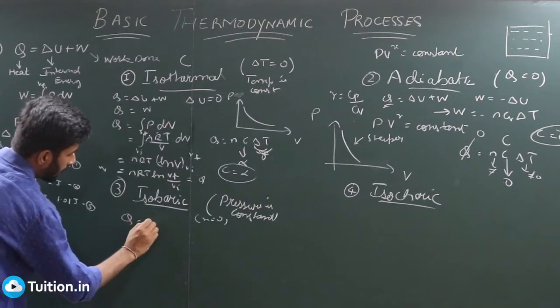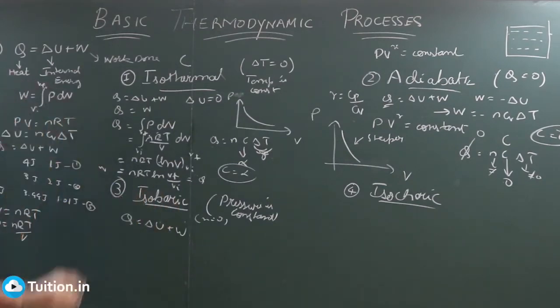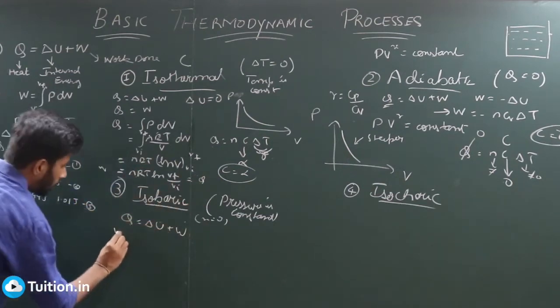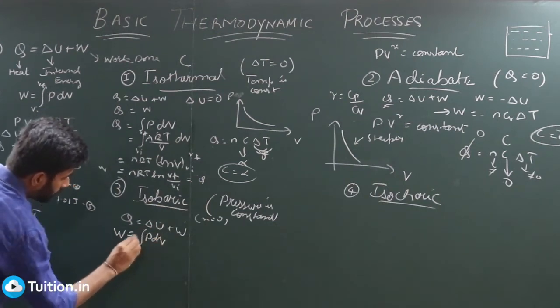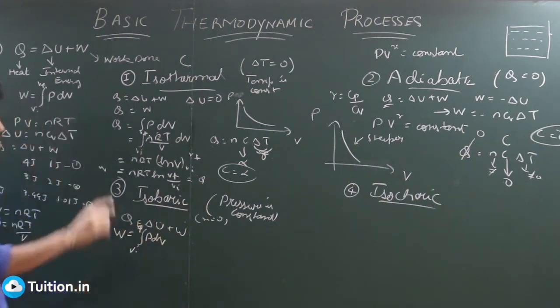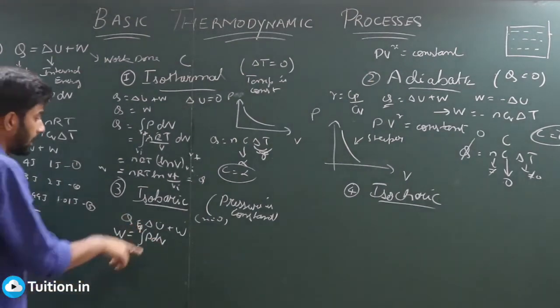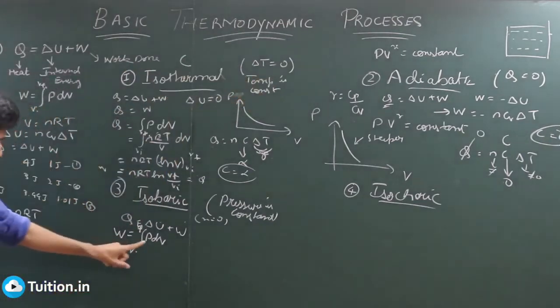Q = ΔU + W. Well, W is not 0, ΔU is not 0, Q is also not 0. All three will exist, so I cannot cancel any terms from here. But in my work term, I have the integral of P dV, where V goes from Vi to Vf. P is constant. P doesn't change with the volume. It's a constant value. So I can bring it out of the integral only for this process, not for other processes, because I don't know what P is. But here I can say P is constant.